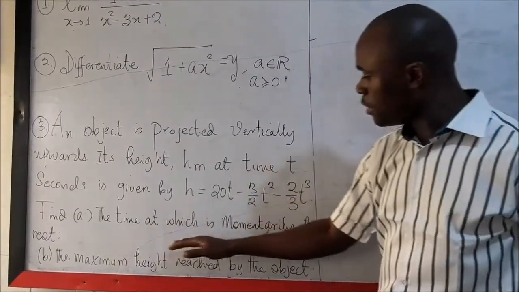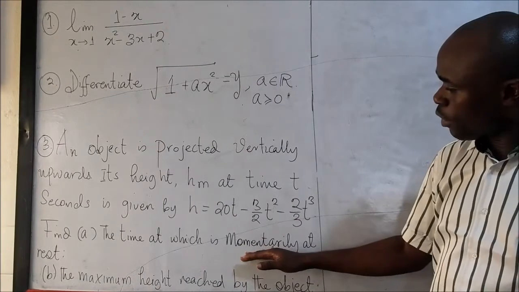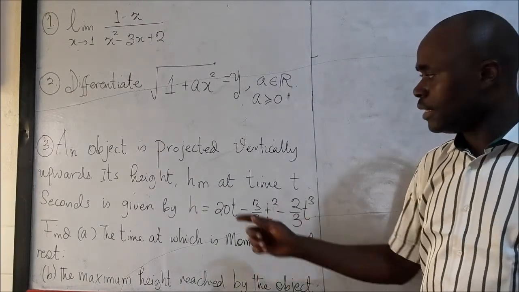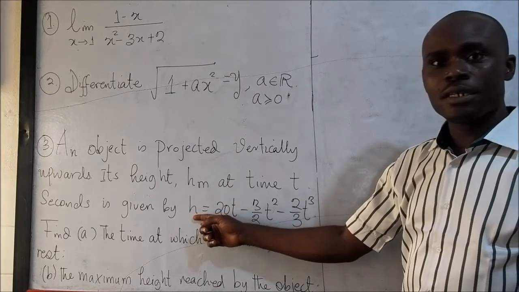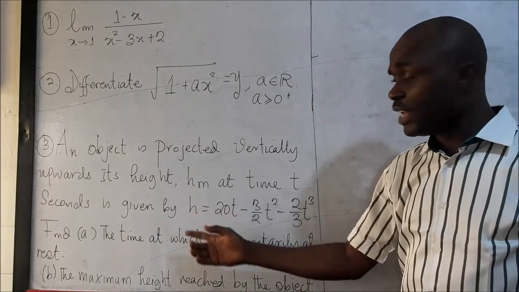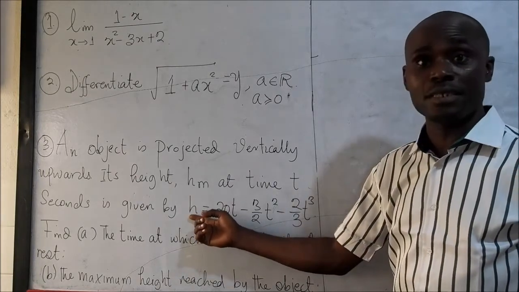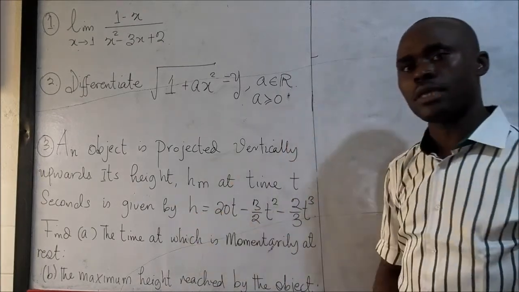To find the time at which the object is momentarily at rest is the time where the derivative of this is equal to 0. The derivative of this is simply dh/dt, because this represents vertical distance.